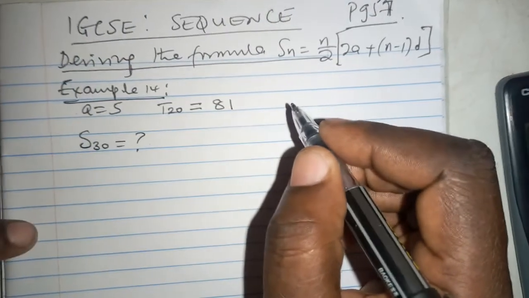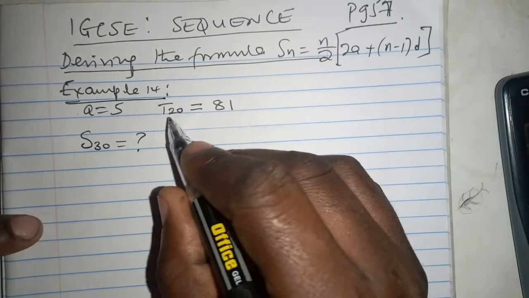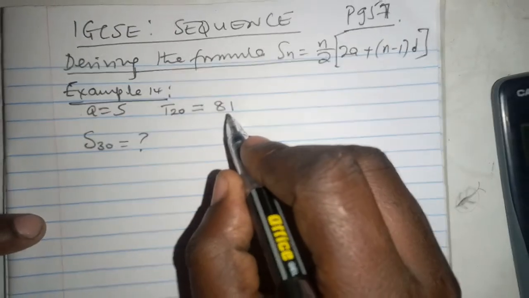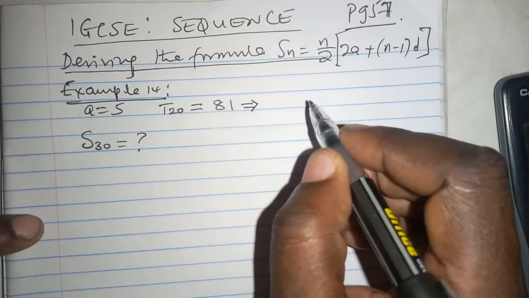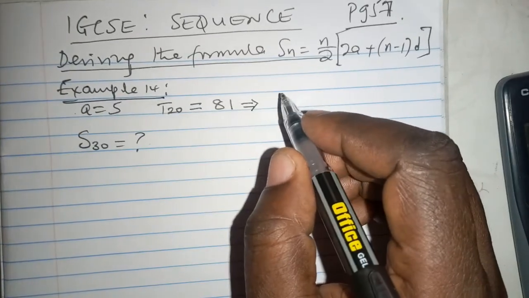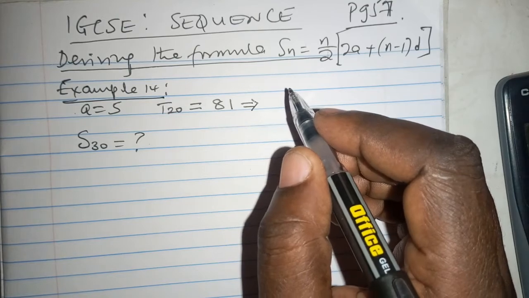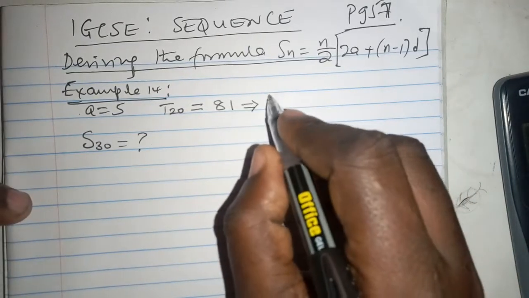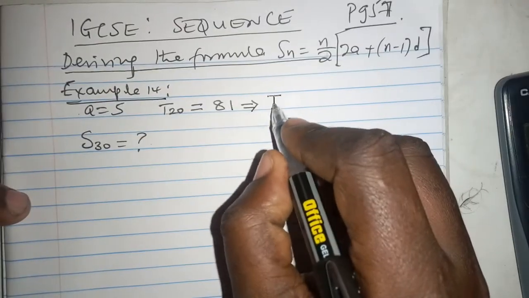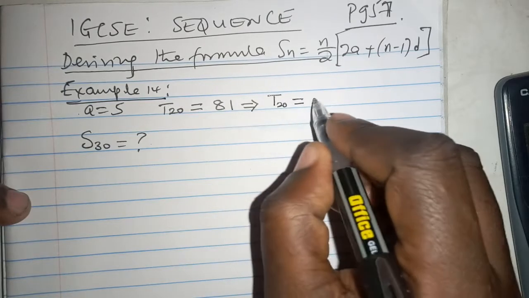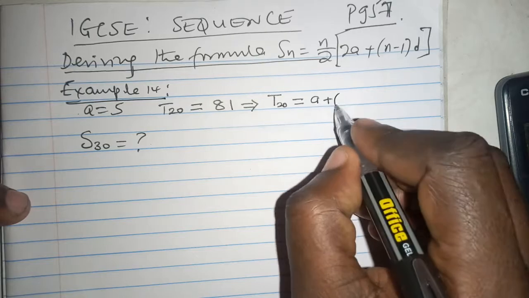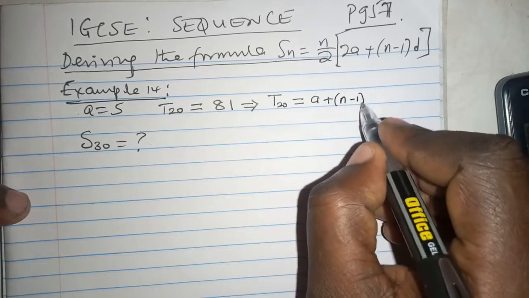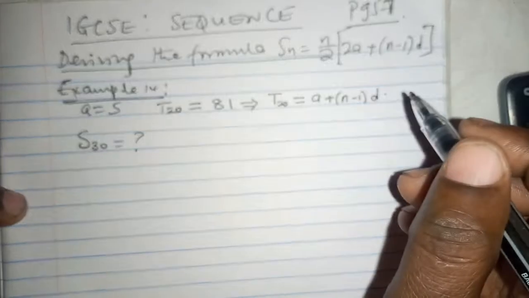It goes without saying that if term 20 is equal to 81, we know how to write term n. Generally, term n is a plus n minus 1 d.